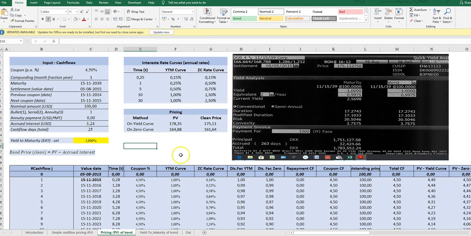So this sheet can be used for pricing of all bonds. It's very flexible, and you can type all the dates in. It's very critical to type in the exact dates on maturity, settlement, and so on.